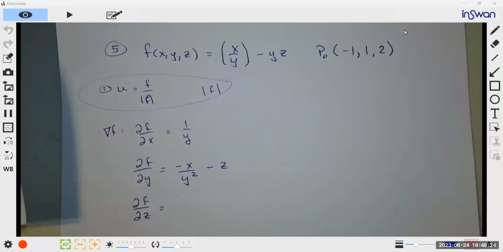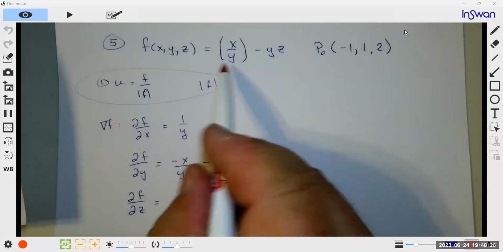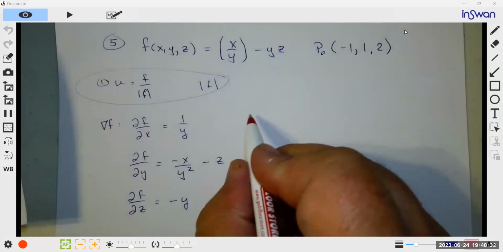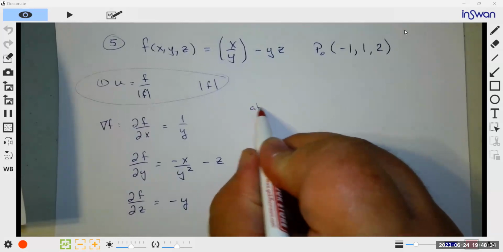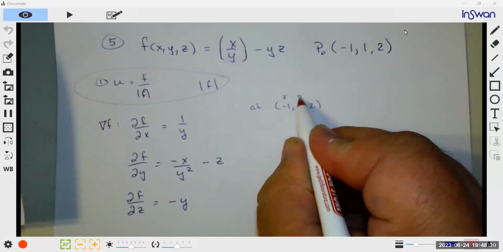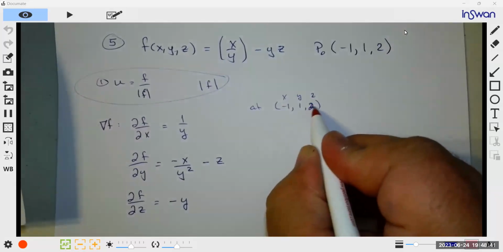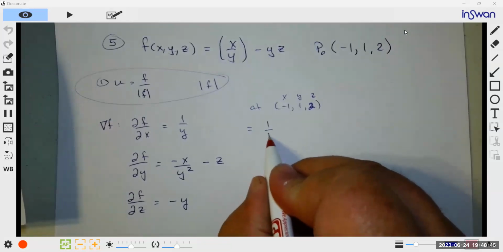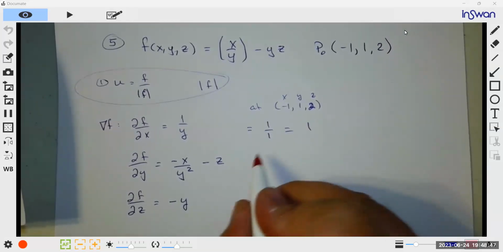And with respect to z, there's no z there, so it's negative y. At the point negative 1, 1, and 2. So this is x, this is y, and that's z. We get 1 over 1, which is 1.